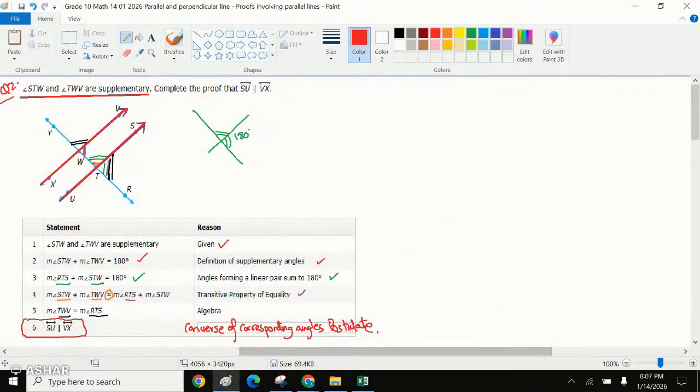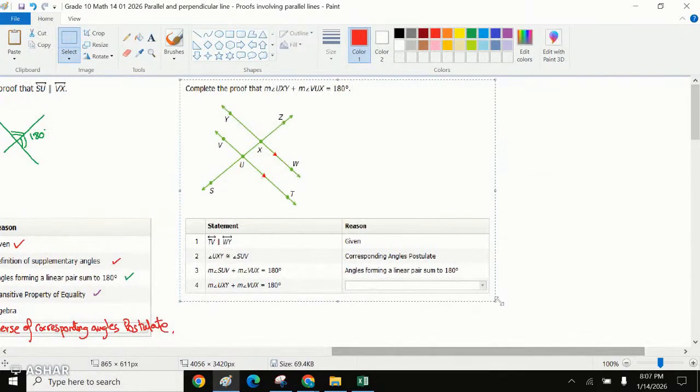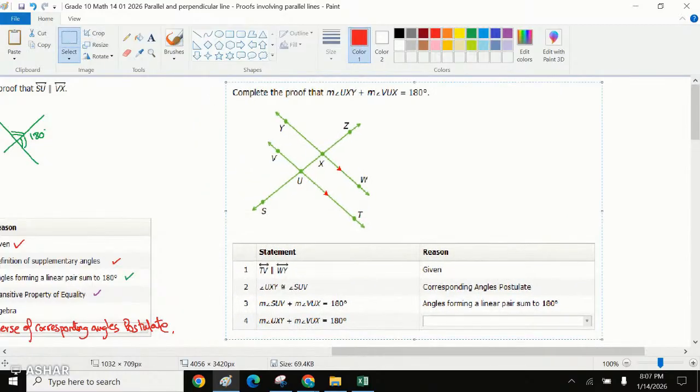Question number 3 states: complete the proof that UXY, this angle, and VUX, where is V, U and X, these two angles sum up to 180 degrees. We need to give the proof, right?